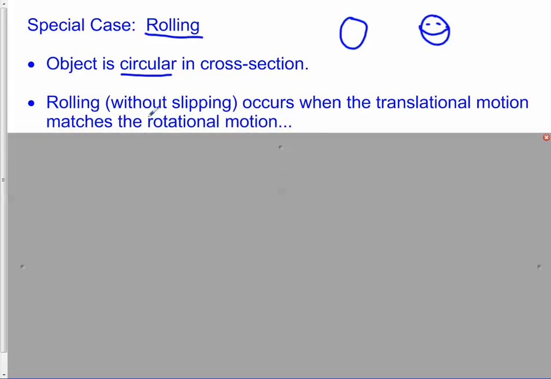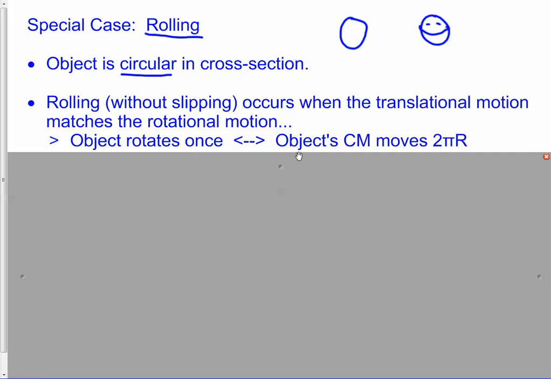So here's the connection between the translational motion and the rotational motion that has to happen if you're rolling. If you're rolling, let's assume there's no slipping, it's not like a tire skidding, it's solidly on the surface that it's rolling on, and there's no slippage.